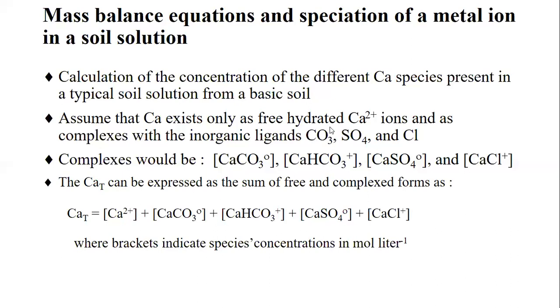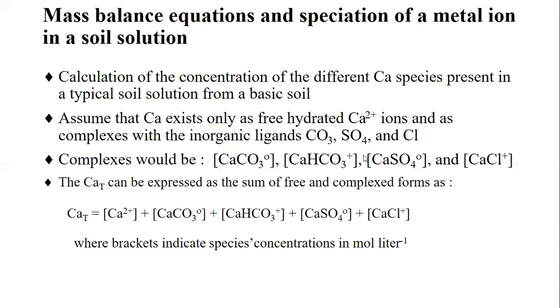This one, because it's negative, it takes hydrogen from the water. So you will have the carbonate and the bicarbonate, CaCO3 plus H from the water to give you HCO3 minus. Minus 1 and divalent calcium will give you the complex with +1 charge.